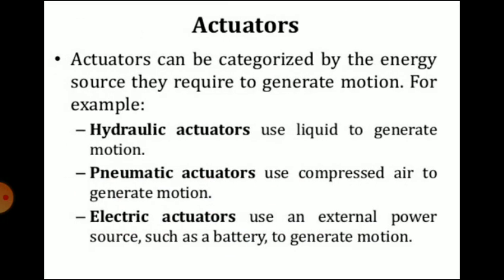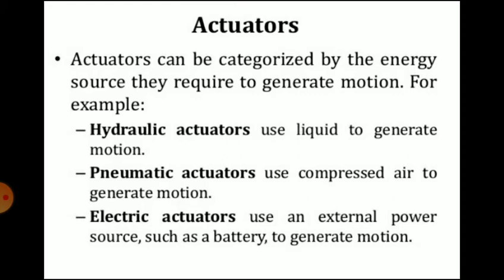Then one more drive system, that is called actuators. Actuators can be categorized by the energy source they require to generate motion. For example, hydraulic actuators use liquid to generate motion.